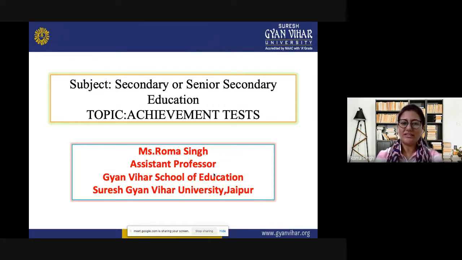So, in the subject secondary or senior secondary education, we are going to deal with a very important topic today, that is the achievement tests. How do we determine what a person knows about a certain test or certain subject, or how we determine the level of their skills?